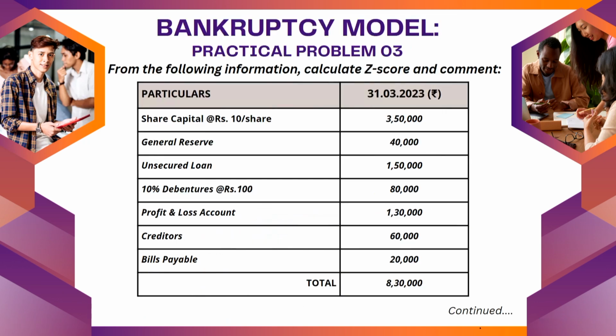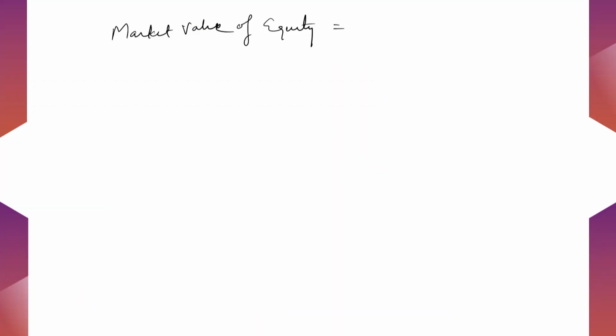And in the question, we have share capital of rupees 3,50,000 at rupees 10 per share. So the computation is the number of shares, 3,50,000 rupees of 10 each, multiplied by the market value of 30. So it comes to 10,50,000.